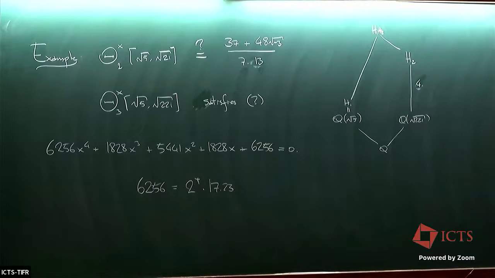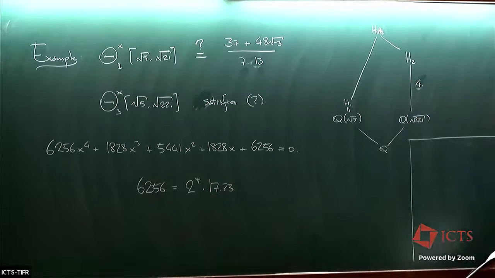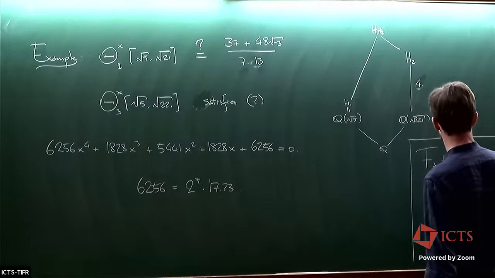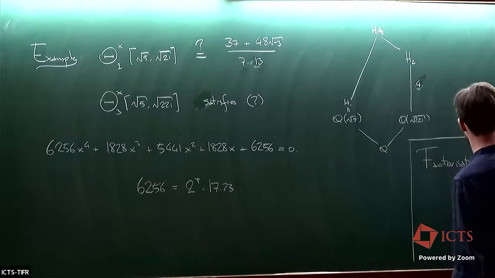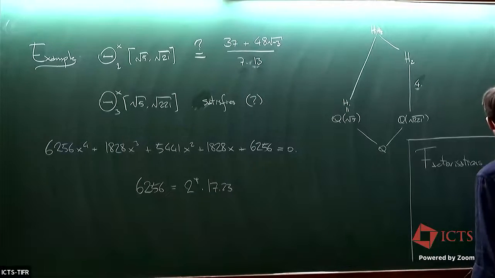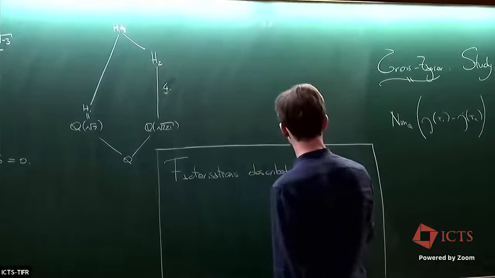Okay, so that's an easy kind of consequence of the main conjectures, but the main conjecture is very precise. And in fact, it gives an explicit description of what this factorization is. They are described as follows.